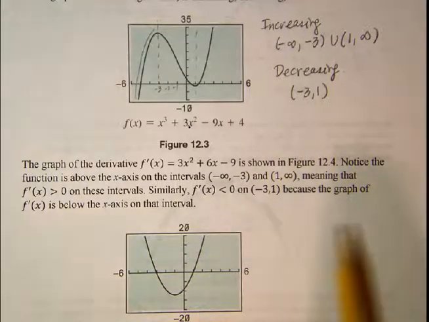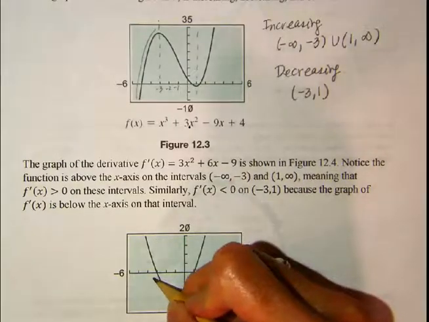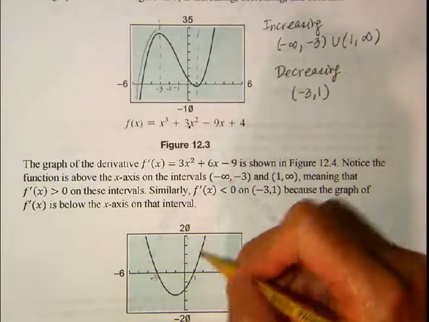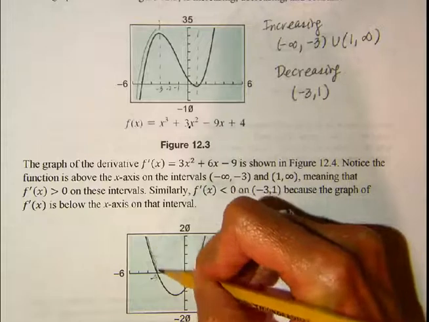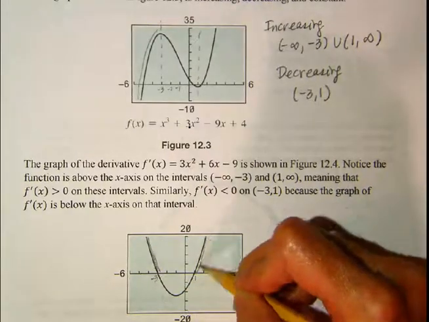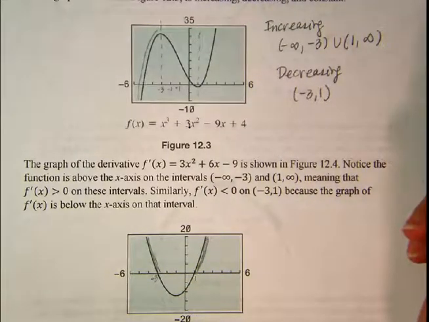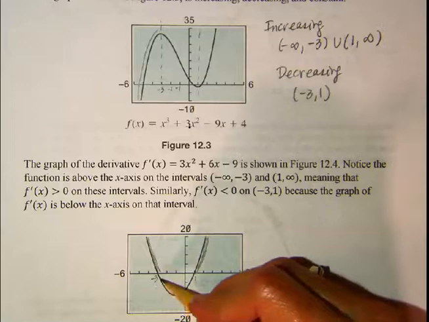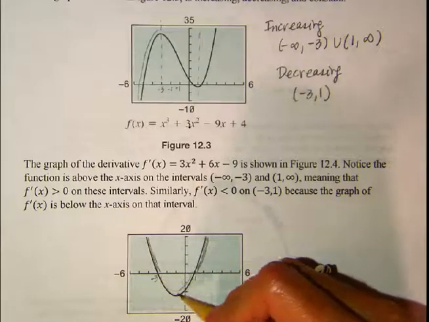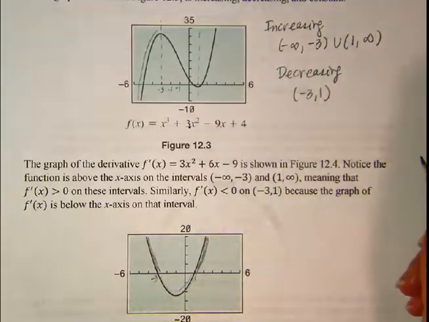And notice that if you have negative 3 here and this is 1, these portions of the graph are above the x-axis, above 0, right? It's above 0, so we know the original function is increasing on those parts. And then you've got the part in between that is below the x-axis. So that tells us that it is decreasing on the original function.